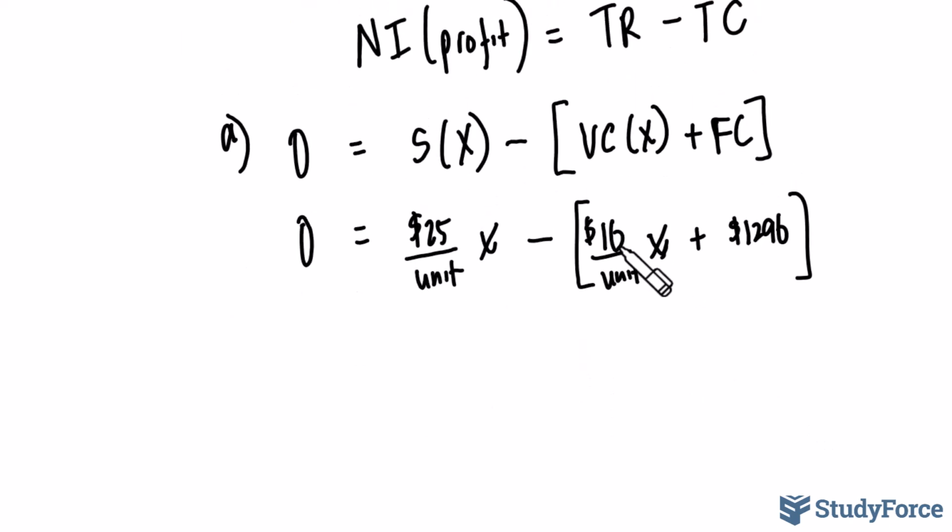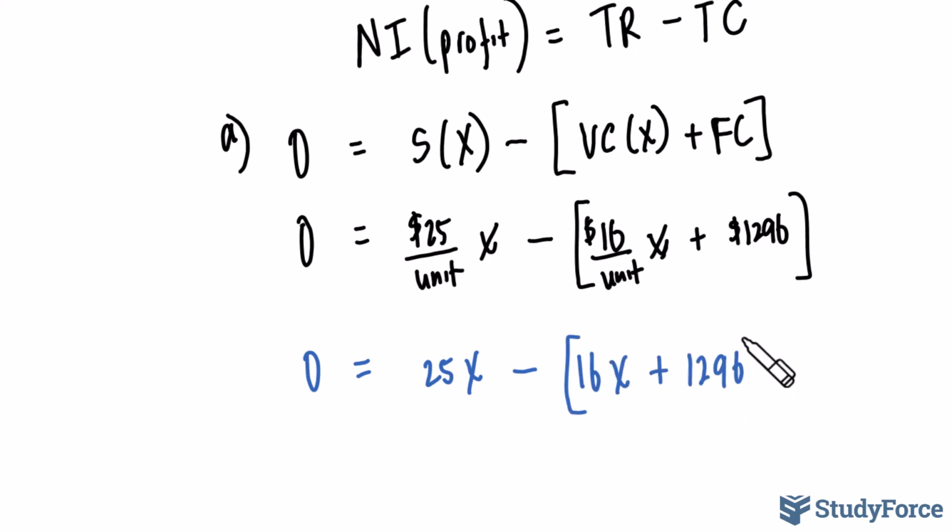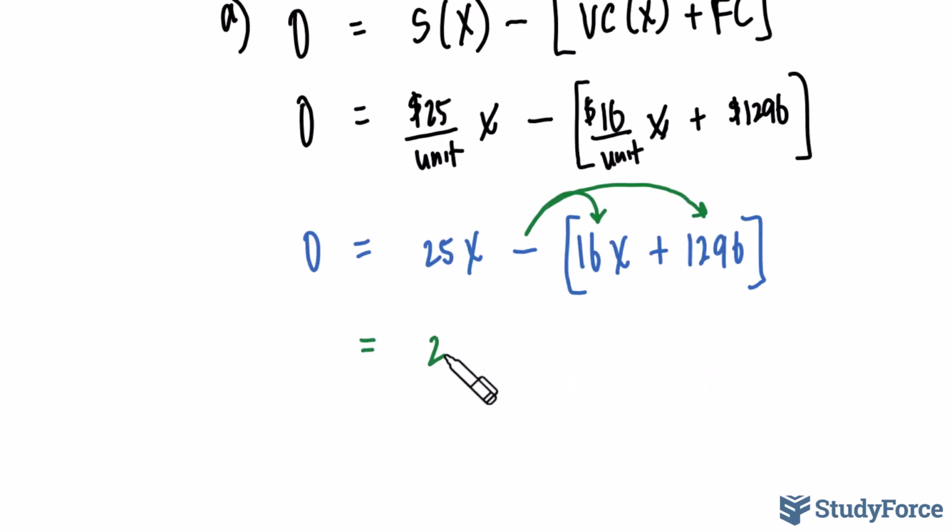So I need to isolate for X algebraically. Here's how. First, I'll rewrite it without the units so that it's clear to see. And to isolate for X, we will multiply the negative into the brackets, giving us 25x minus 16x minus 1296.